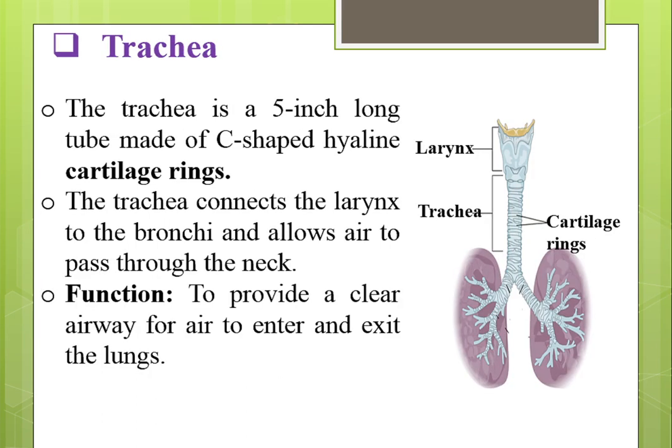The next part is the trachea. Trachea is also called the windpipe. It is a thin-walled tube that passes through the neck on the ventral side of the esophagus. It is supported by C-shaped cartilaginous rings which are incomplete dorsally. They keep the trachea open.